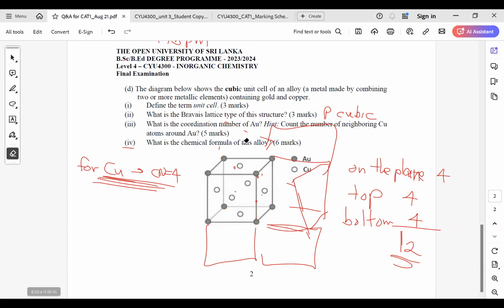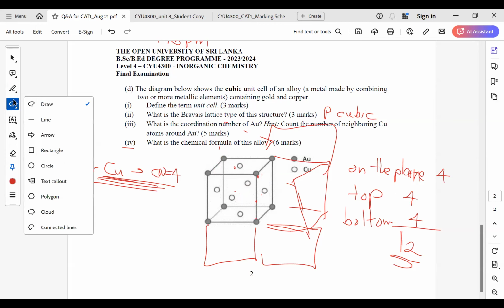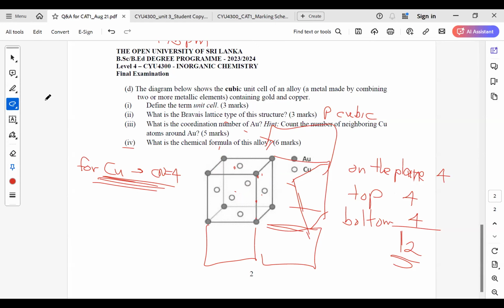What is the chemical formula of this alloy? How do you determine that? The general chemical formula is equivalent to the constituent ratio present within the unit cell. So you just consider one unit cell and calculate how many atoms are there from each constituent.